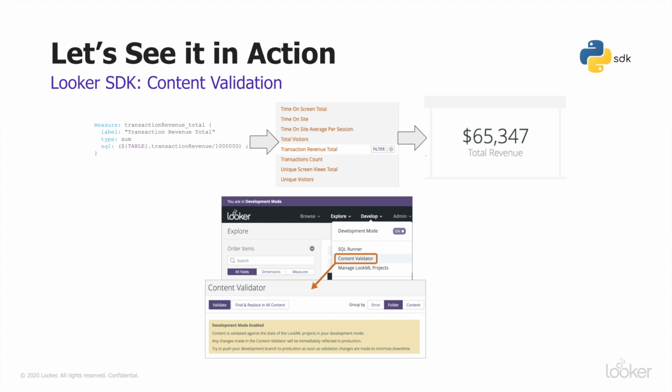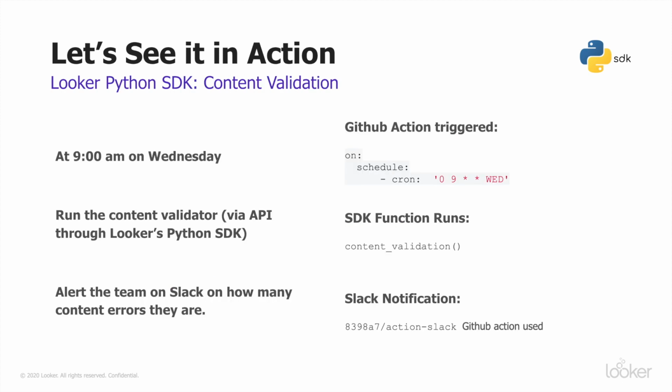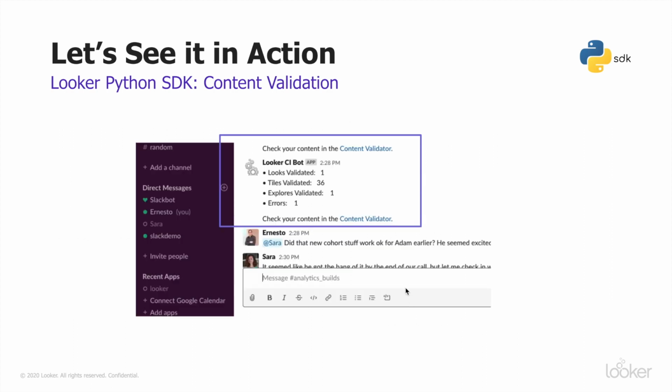It's hard to tie a breaking change to a specific check-in or branch. What we've done for this is at 9 a.m. on Wednesdays with GitHub Actions, we pull the SDK function content validation, and then we do a Slack notification telling you how many errors there are, how many tiles were validated, how many Explores were validated.